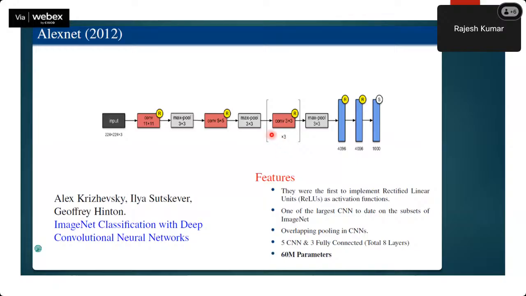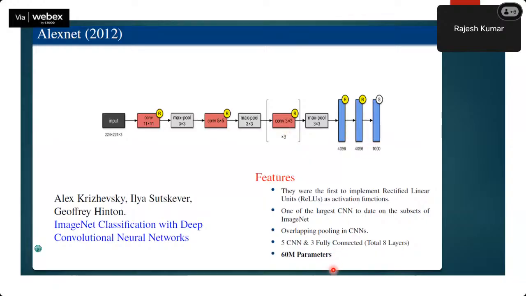Then 3 convolution layers, one after another, 3 cross 3, then max pool, then fully connected 4096, another fully connected, and this is the final layer. They used it for ImageNet classification. And you can see here there are 8 layers: 5 CNN layers, because one here, two, and then three here, and these are the fully connected layers.